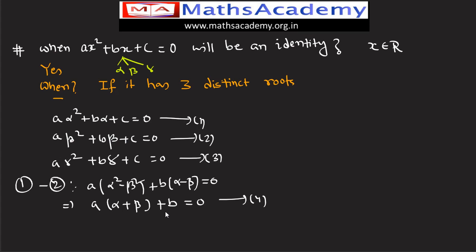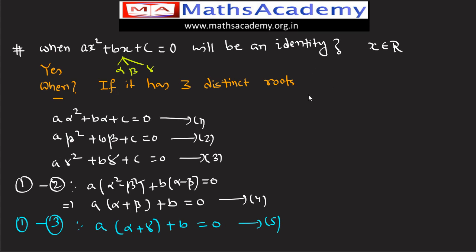So now I am going to do 1 subtracting 3. In the place of beta, I have only gamma: a into alpha plus gamma plus b equal to 0. This equation is equation 5.